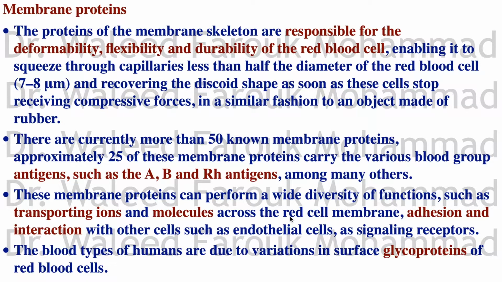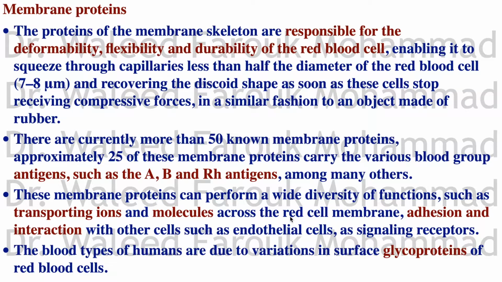The membrane proteins, as mentioned before, are responsible for the deformability, flexibility and durability of red blood cells, especially during passage in capillary networks, because the red blood corpuscle has to squeeze itself into a capillary that's around half its diameter and retain its discoid shape after passing the capillary network.